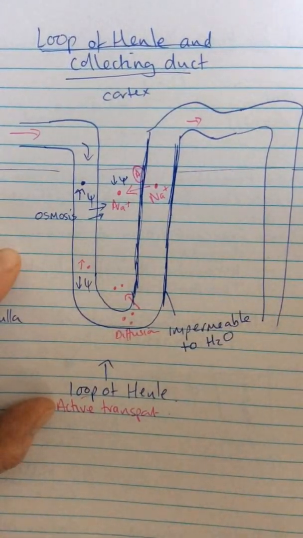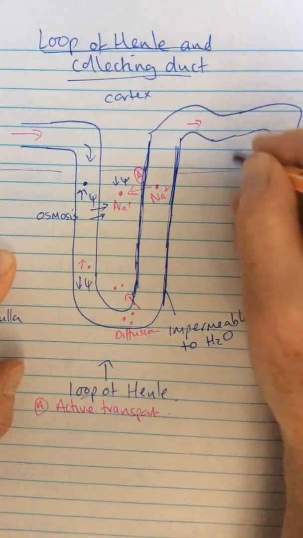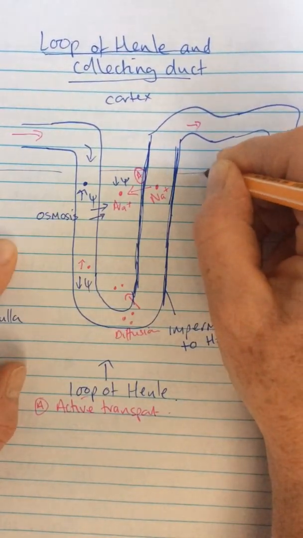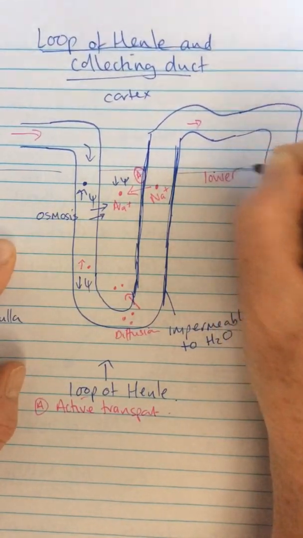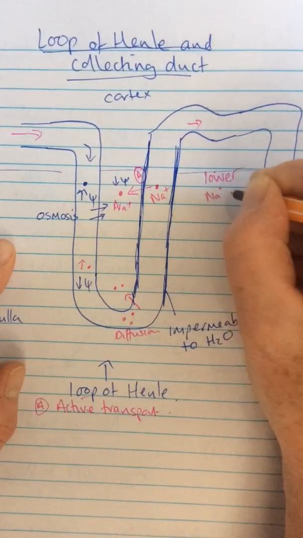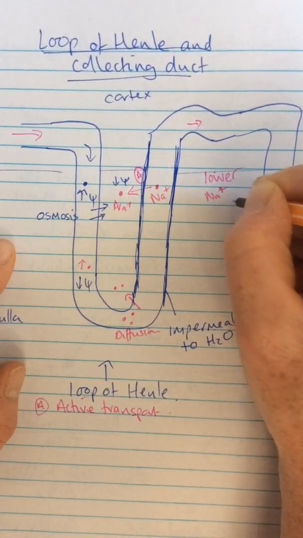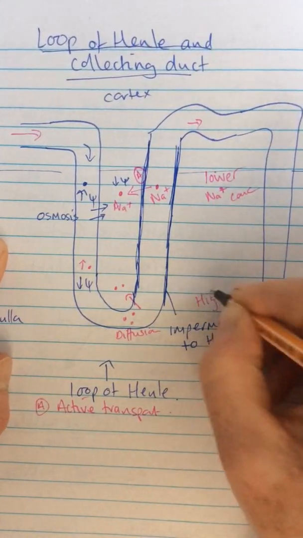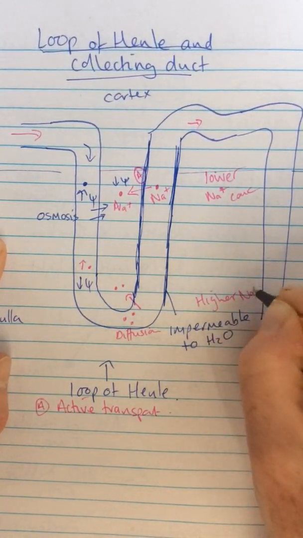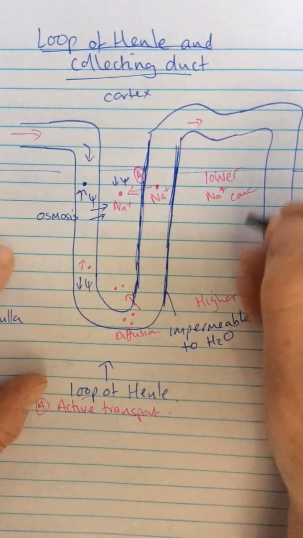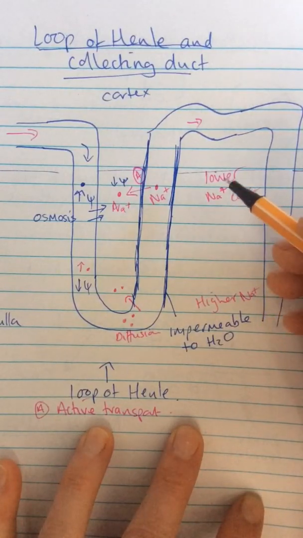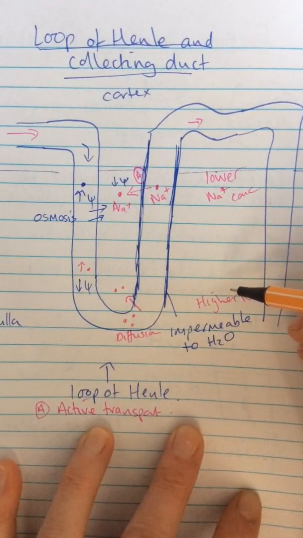And what you will notice is that you have got here a relatively lower sodium ion concentration, and here it is higher. Okay, so in terms of saltiness, it is super salty down the bottom, salty at the top, super salty down the bottom.